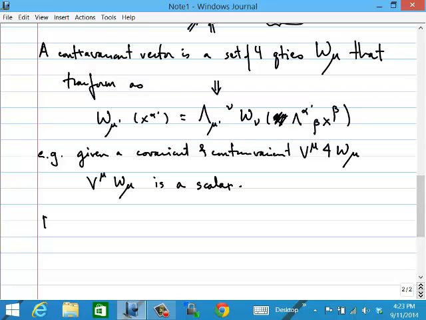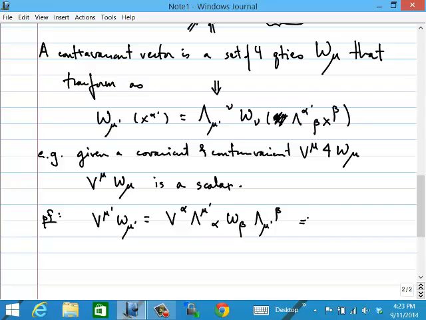Would you like to see the proof of this? It's quite straightforward. We just use, for example, v mu w mu, using these prime coordinates. Let's just plug in the definitions. So v mu prime is v alpha lambda mu prime alpha. W mu prime is W beta times lambda mu prime beta.